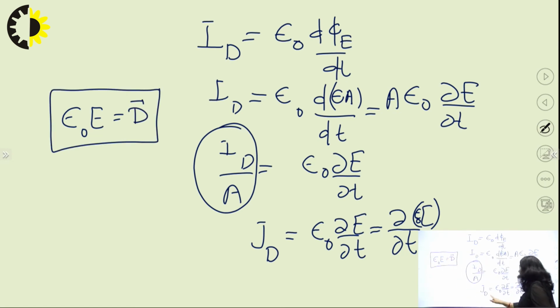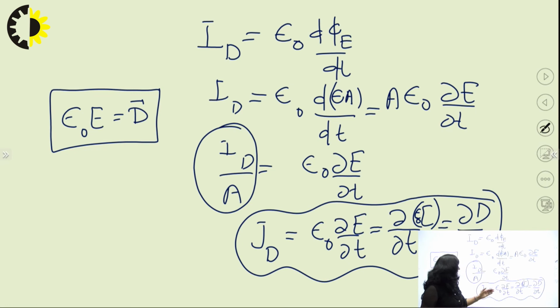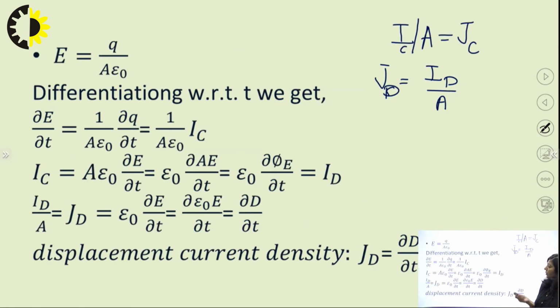So you can write this JD as del D by del T. So this JD is your displacement current density, and that displacement current density is del D by del T. You have also seen the modified Ampere's law. So this is the derivation for displacement current density.